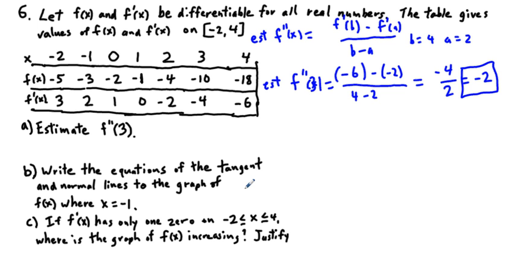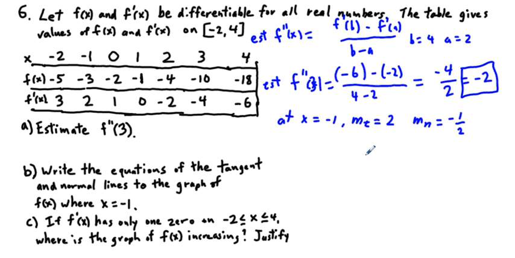Write the equations of the tangent and normal lines to the graph of f of x where x equals negative 1. The slope of the tangent line is just a value. At x equals negative 1, f prime gives m sub t is 2, and m sub n, the negative reciprocal, is negative 1/2.